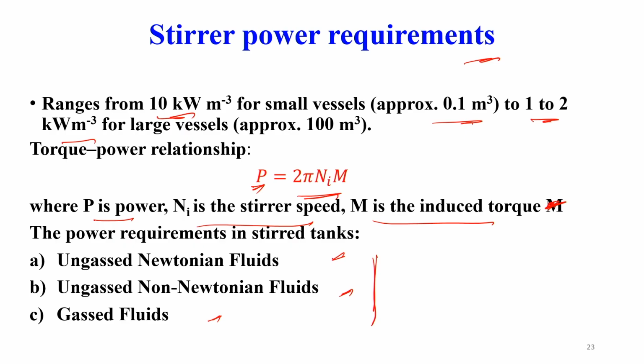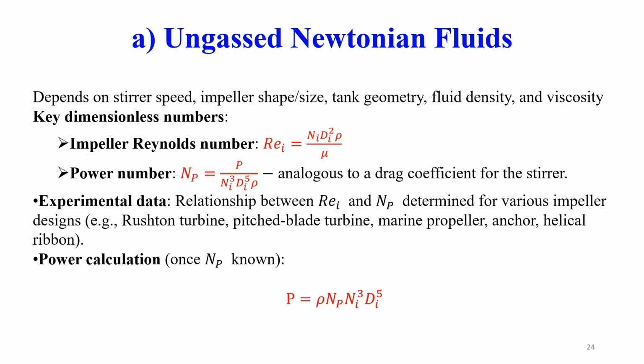So, we will start with the power requirement for ungassed Newtonian fluid, then further we will stop at the gassed fluid where both aeration and agitation will be present. So, for ungassed fluid, the power requirement depends on the stirrer speed, impeller size or diameter, tank geometry, fluid density as well as fluid viscosity.